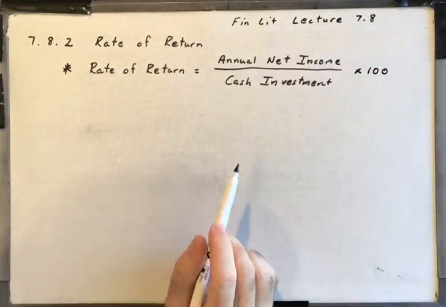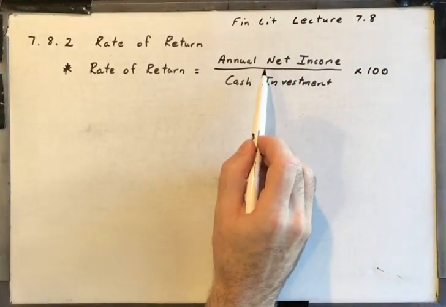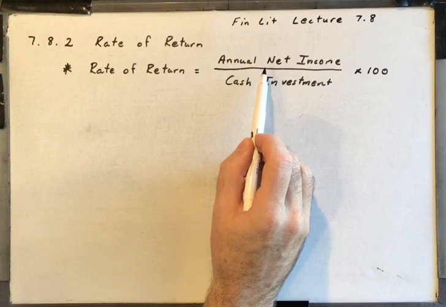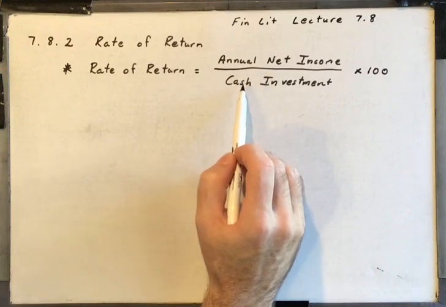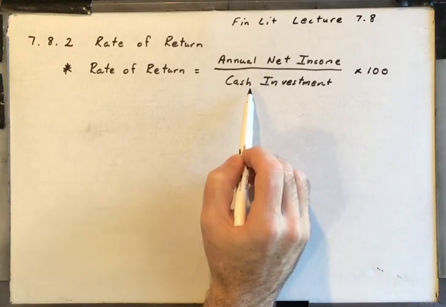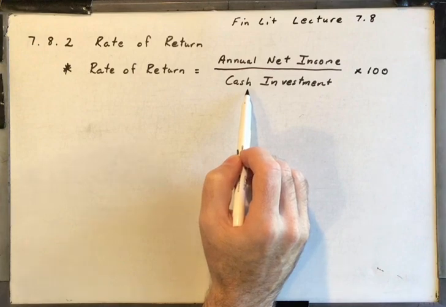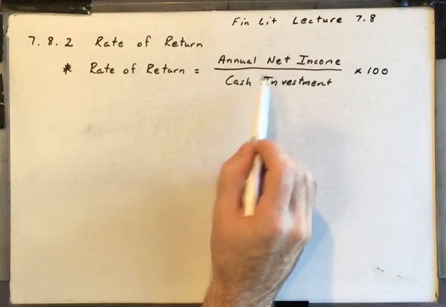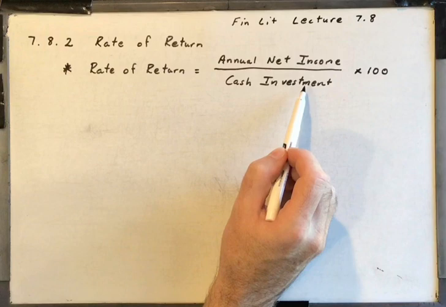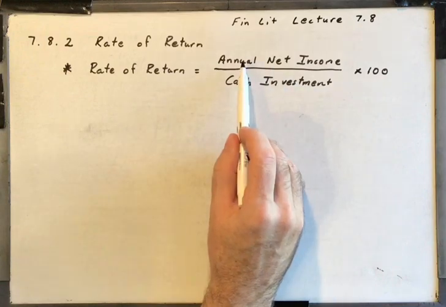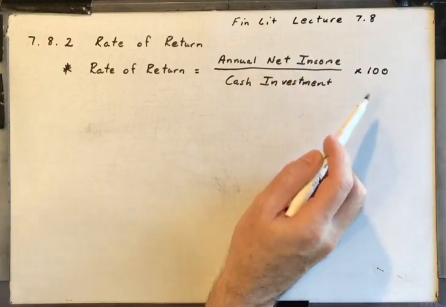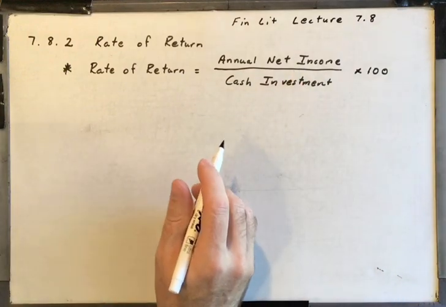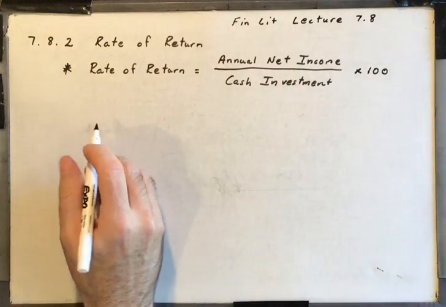All right, so that's the annual. You're just trying to figure out, on a percent basis, how much did I make that year on this property? You add up all the cash that you had to utilize, and then the annual net income, and you'll get a percent, and you can see how well you've done.